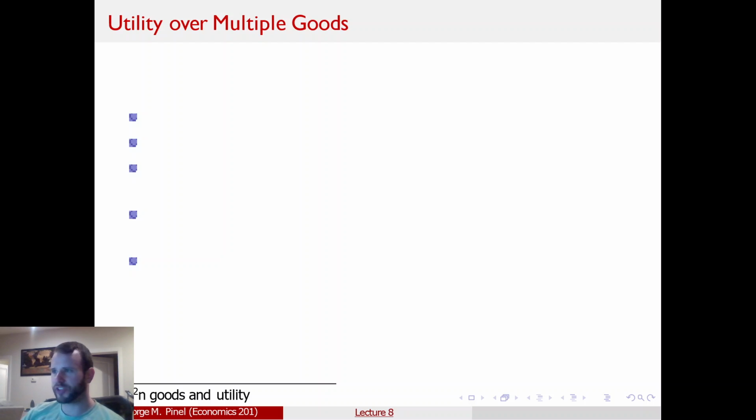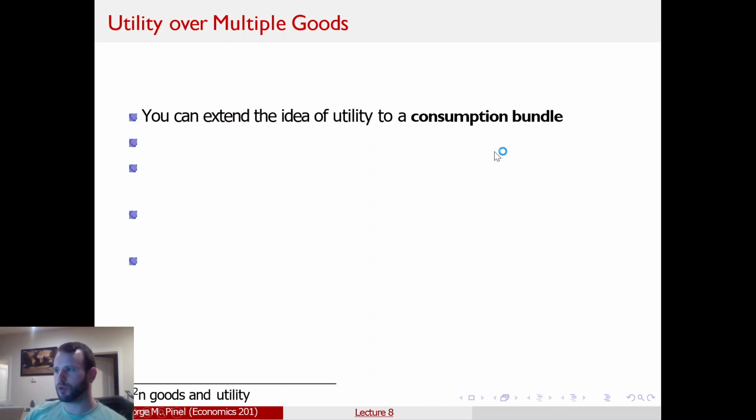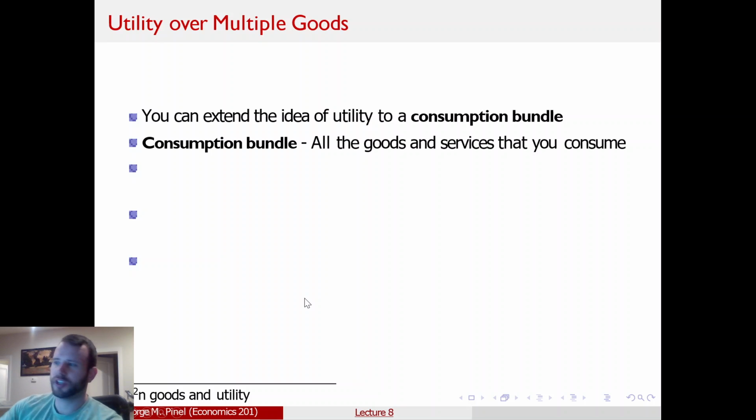Well, we can represent goods in what are called consumption bundles, and each consumption bundle comes with an underlying utility. A consumption bundle is basically the basket of goods that you consume. If you go to a meal, you can represent that as one meal, a one-dimensional good, just one thing.